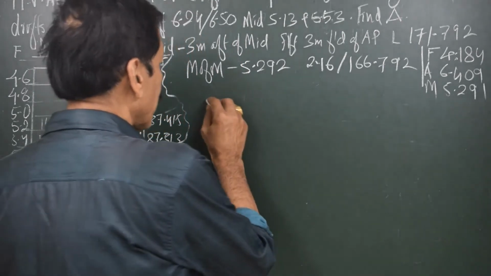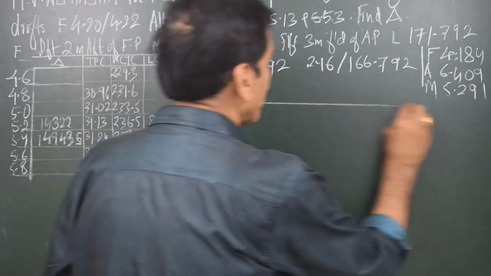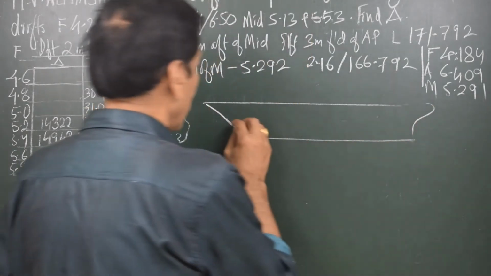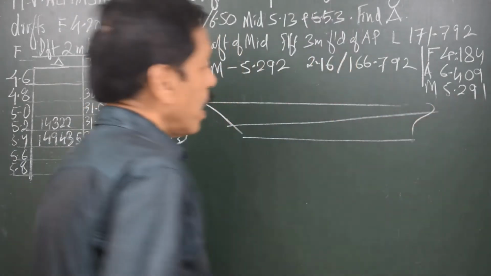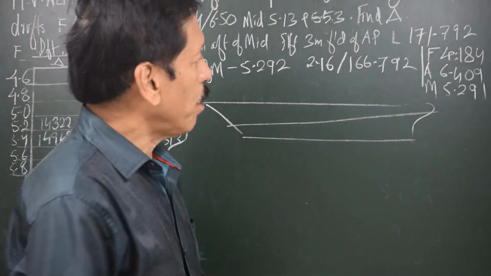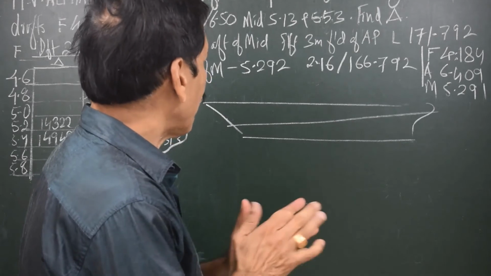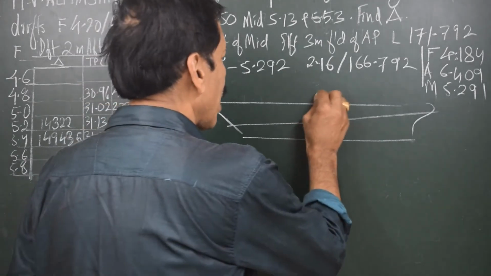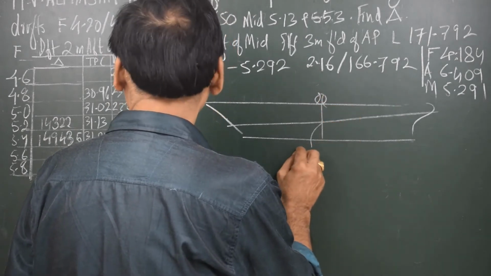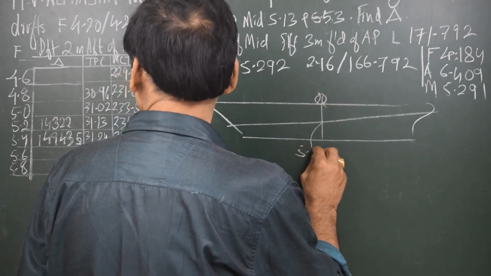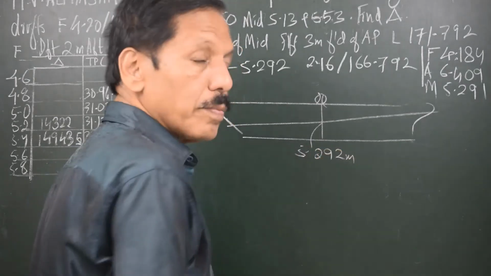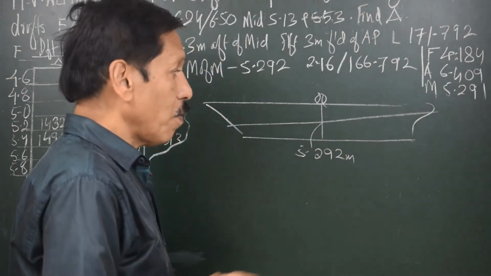So let's look at the ship trimmed by aft. We know what is the ratio between the trim and the length. What we have found out is the draft at midships. So this draft we have got as 5.292 meters. But we want to find out the draft at center of flotation.